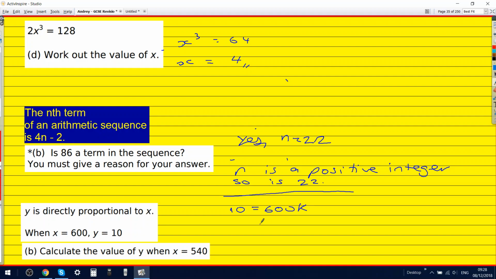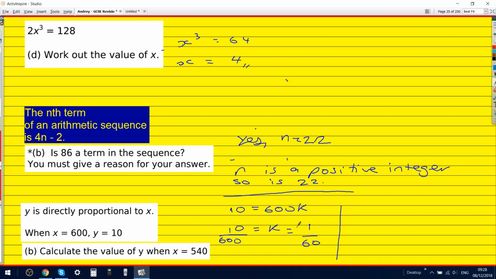And then k is equal to 10 divided by 600? Mm-hmm. You can simplify it a bit. So 1 over 60. Is that good enough? That's fine, yeah, because it's non-calc.